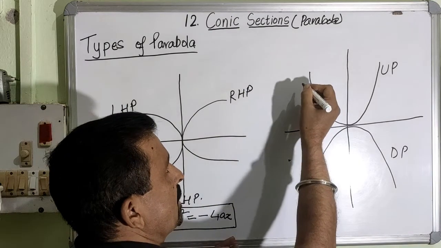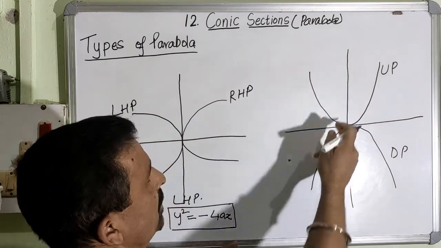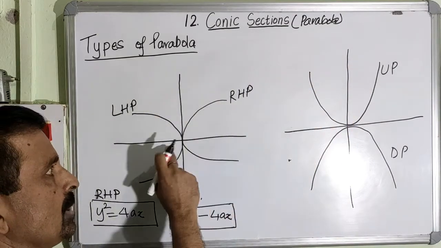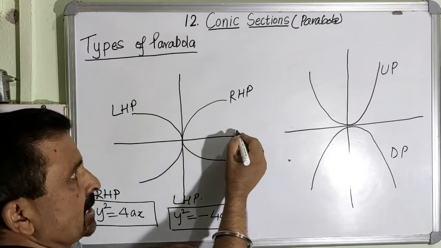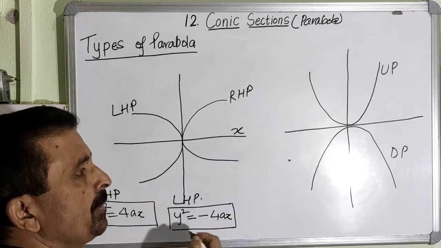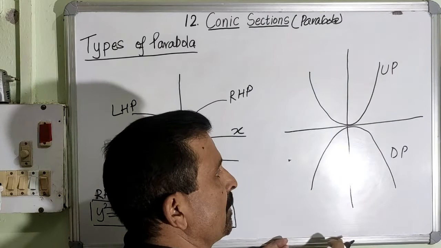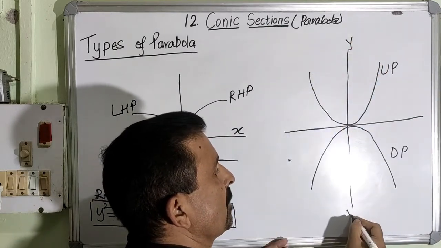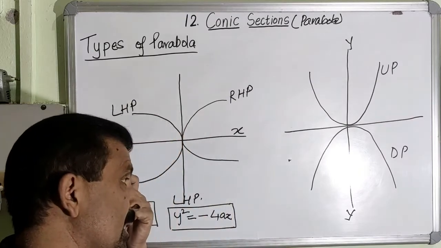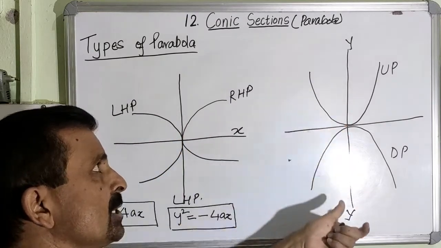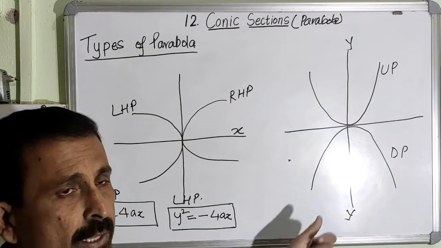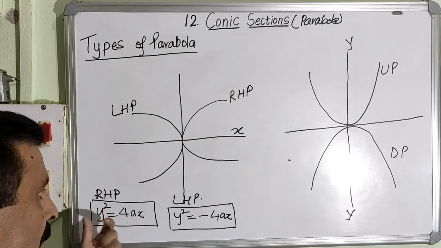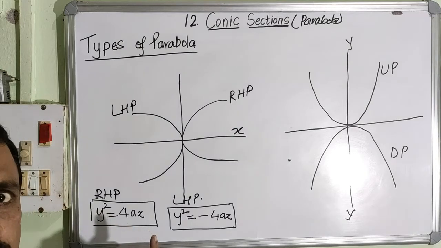Similarly, for the right-handed and left-handed parabola, the axis was the x-axis. Now, for the upward parabola and the downward parabola, the axis is along y. Therefore, there will be a major change in the equation for the upward and the downward parabola. In the same equation, y and x will interchange positions.